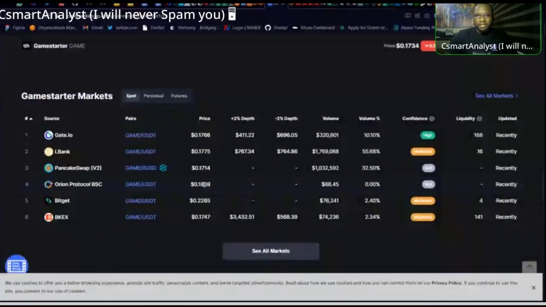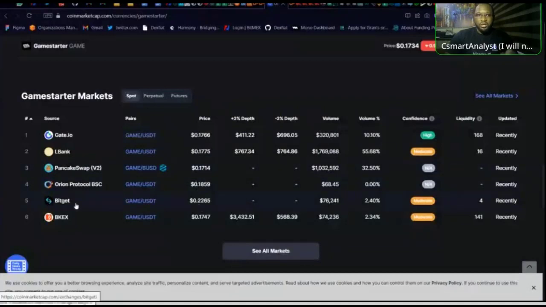So you can easily buy it on PancakeSwap. PancakeSwap is like the cheapest price right now. You can buy it on PancakeSwap with your Trust Wallet and move it to any of these exchanges, BitGet or Orion Swap, and you'll be able to make good profits. You can see the margin here is about 75.6% profit that you can actually make on whatever you invest.